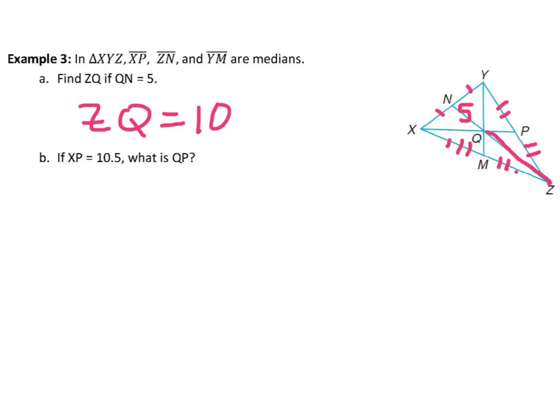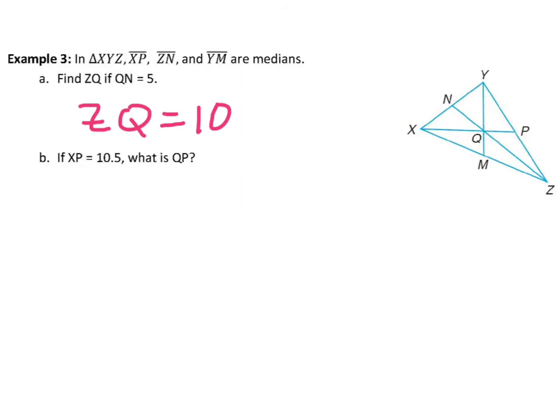Now, let's consider the second part of example 3. Here we have segment XP has a length of 10.5. Let's indicate that in our diagram to know which side of our median we're talking about here.